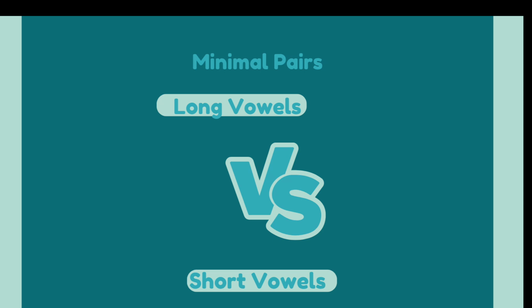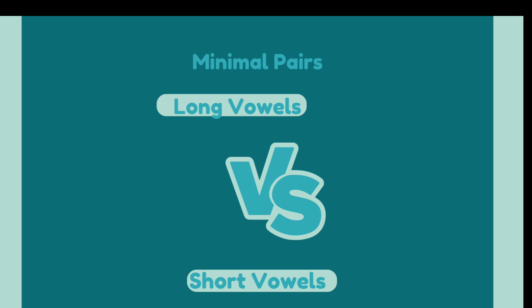You will notice that I dwelled a little long on the word sheep. When I pronounced the word sheep, it was a little bit elongated. The vowel sounds in the two words are different in that the first word, ship, has the short i sound, and the second word, sheep, has the long e sound.